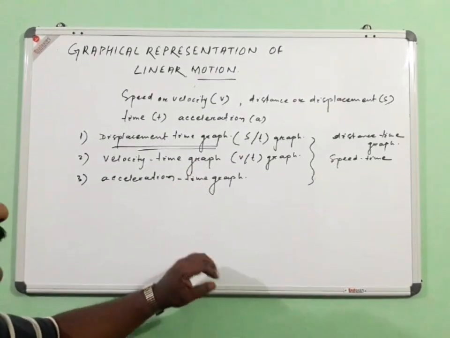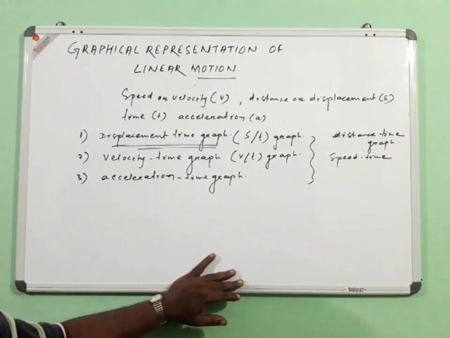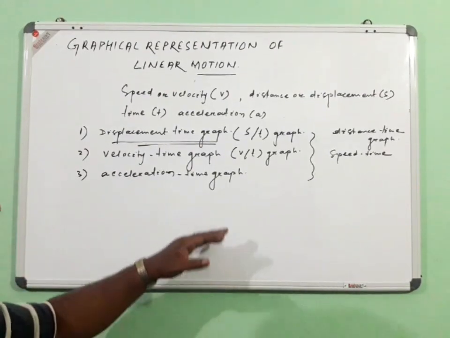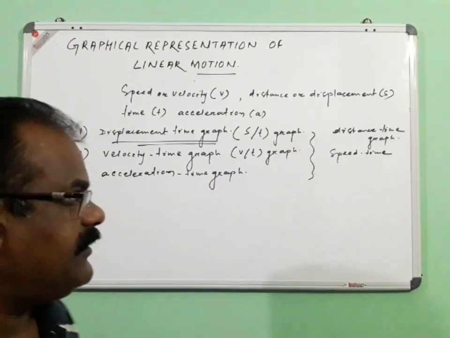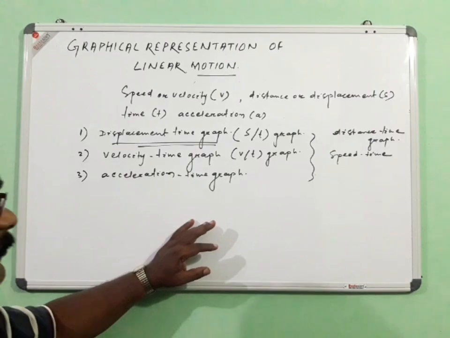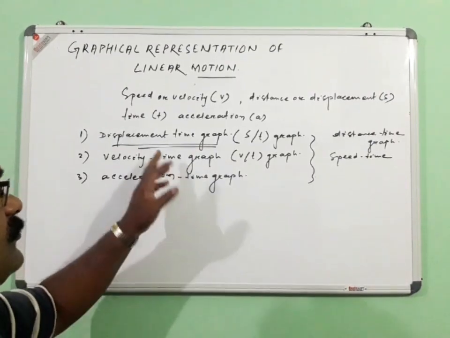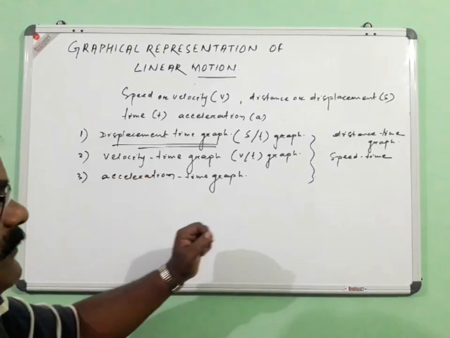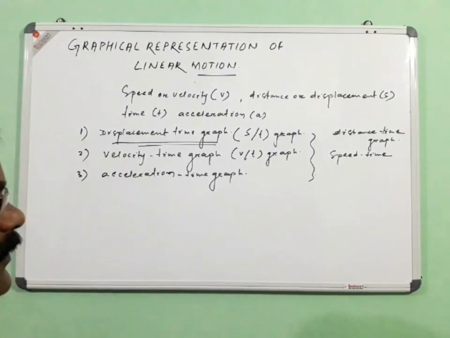Because linear motion means motion of the body in one particular direction. So that is why all these have the same meaning. So I hope you are not confused over displacement time graph and distance time graph or velocity time graph and speed time graph.